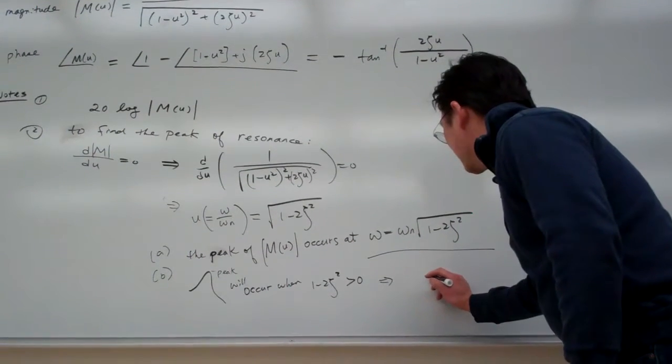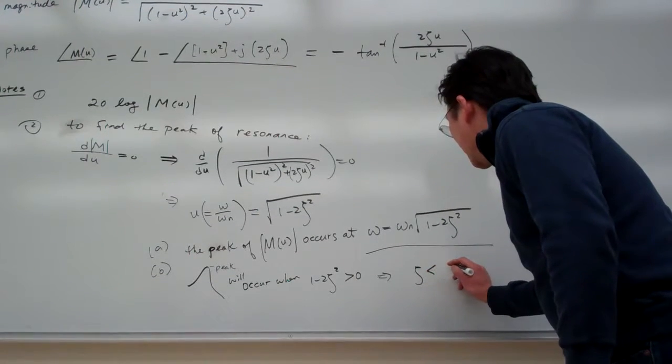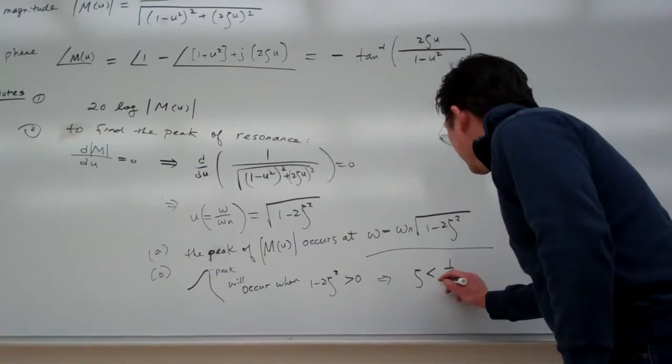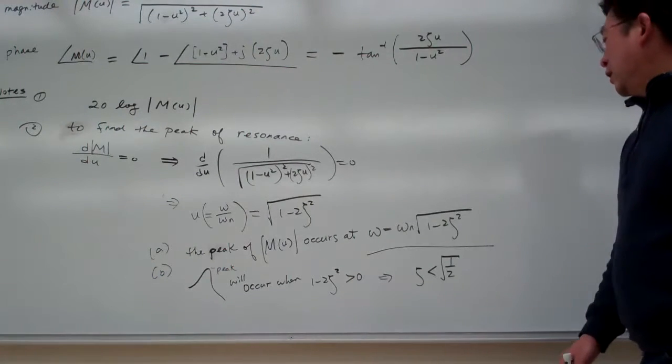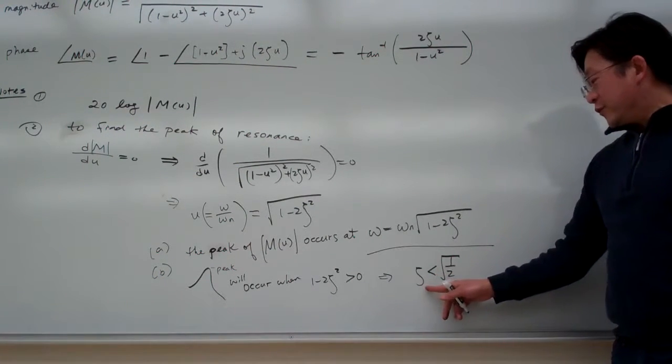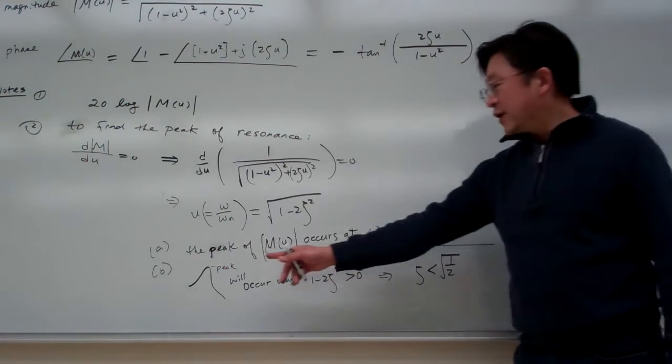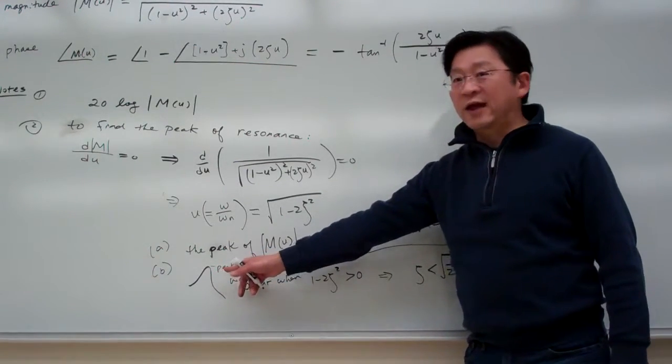So that means zeta is less than 1 over the square root of 2. As long as the damping ratio is less than this number, you should expect the peak phenomenon.